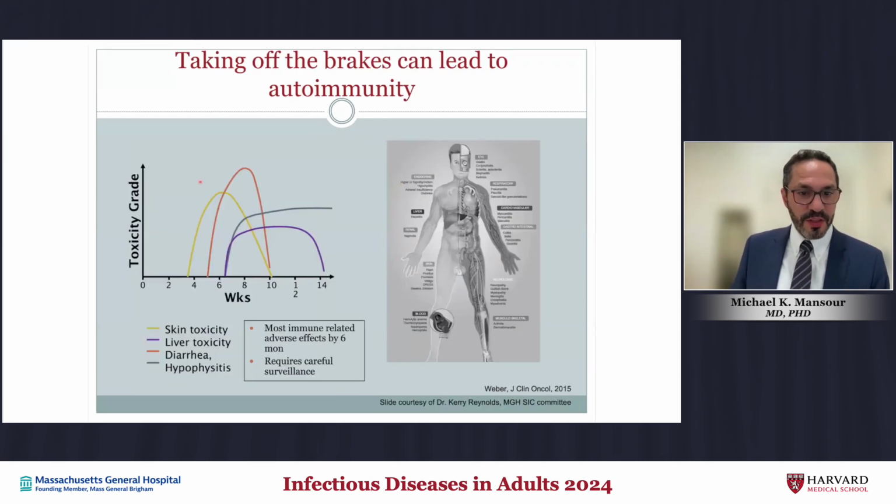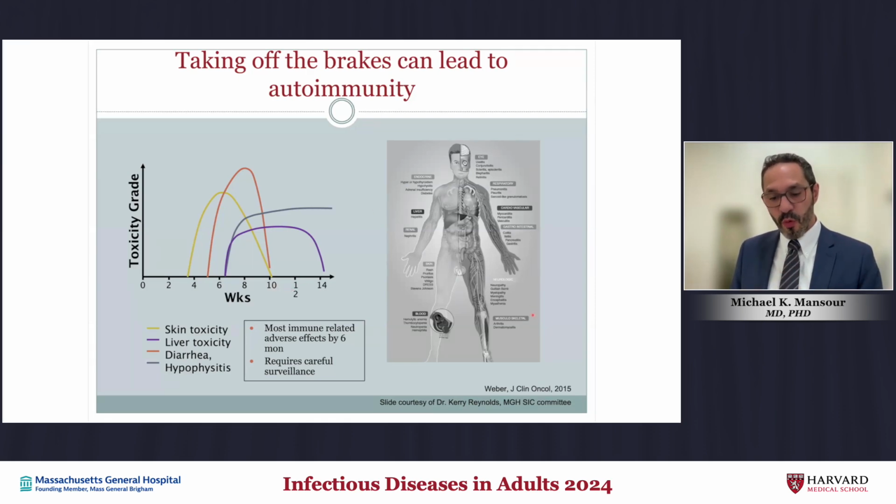So there's a specific time period when these can occur. They don't usually occur typically after the first initiation of treatment, but it takes a while for these T cells to really mount, to have this unchecked response begin. And then we see sometimes skin toxicities occur first. You can see GI coming up second, but really throughout weeks to months, you can have different types of organ manifestations.